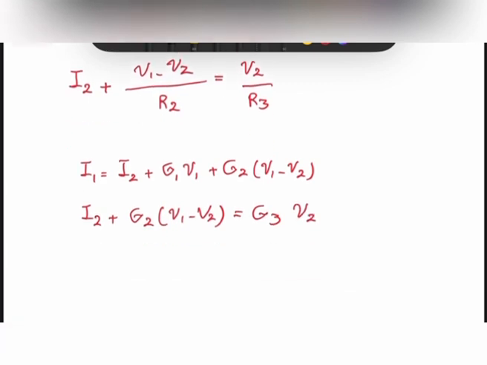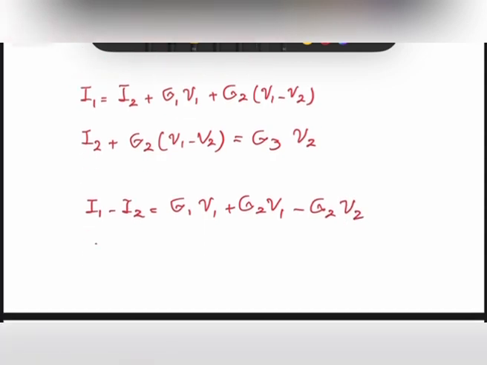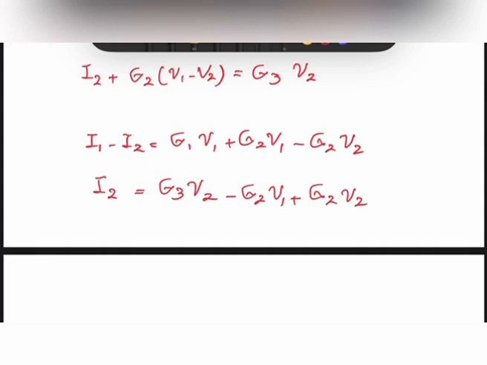Okay, and I can rearrange this equation. I can say that I1 minus I2 is equal to G1 V1 plus G2 V1 minus G2 V2, and I2 is equal to G3 V2, so moving to the other side, minus G2 V1 plus G2 V2.